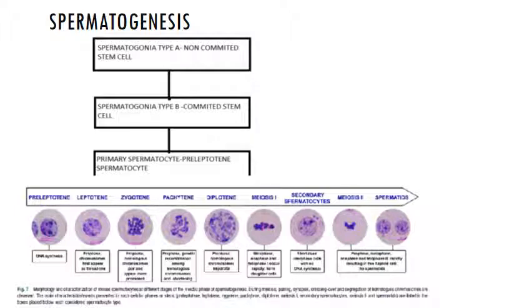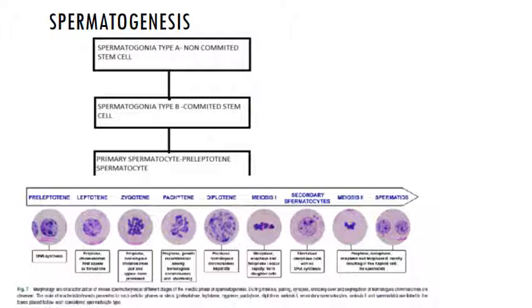So when we come to spermatogenesis, in seminiferous tubules there are type A spermatogonia. Type A spermatogonia are non-committed stem cells or undifferentiated stem cells. That means they are still not committed towards the process of spermatogenesis. They are just undifferentiated stem cells.